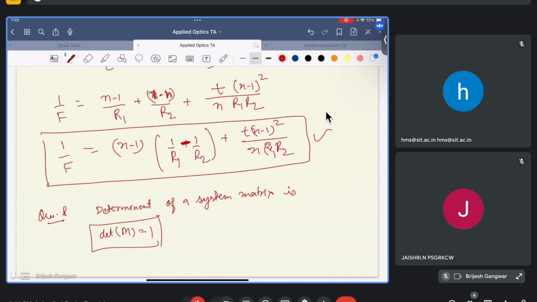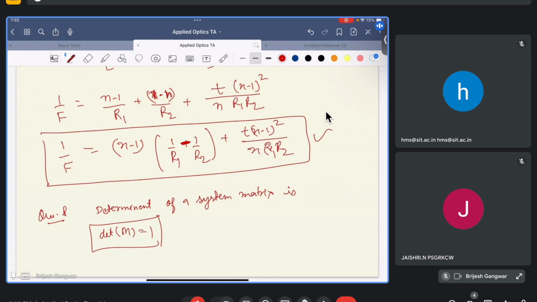So you can remember that whatever system matrix comes, it will be unity, because this is not a gain medium. It is just a transfer matrix. So we will not get any enhancement, it just converts from one thing to another.